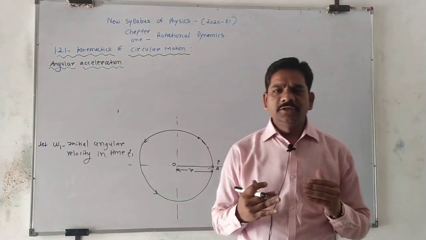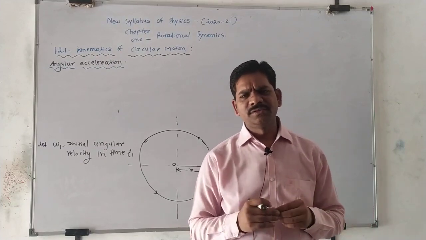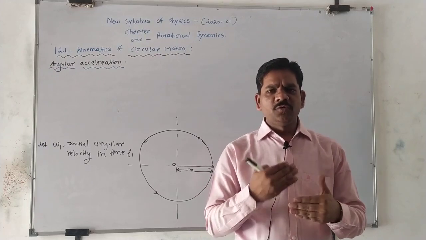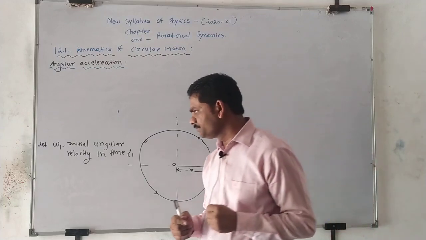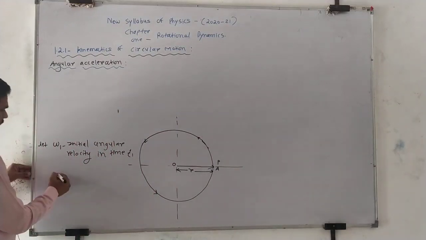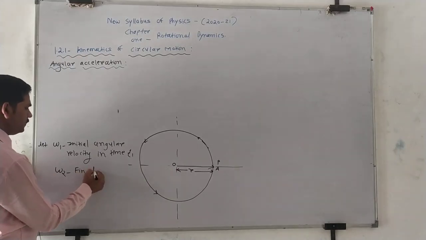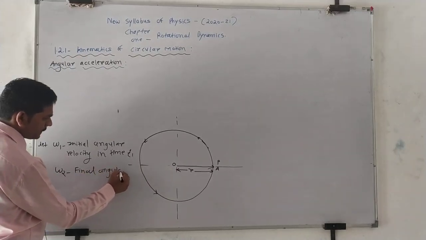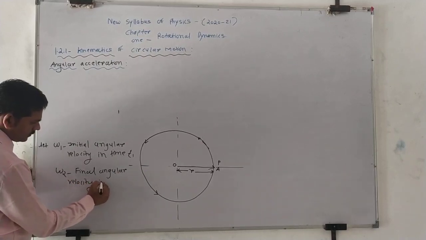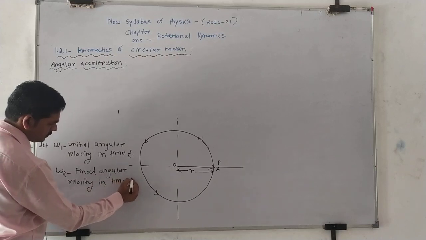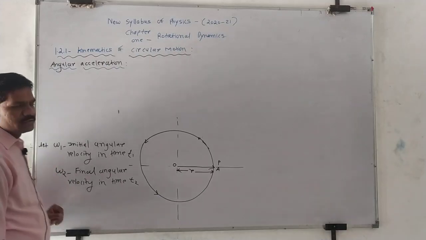In acceleration the speed increases, meaning angular velocity increases or decreases, whatever, it doesn't matter. Then after some time the angular velocity is omega 2, let's suppose the final angular velocity, at time t2. Omega 1 is initial, omega 2 is final.